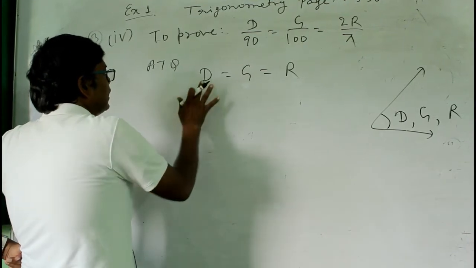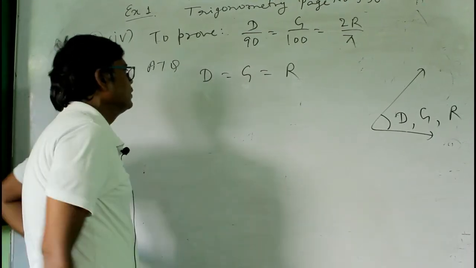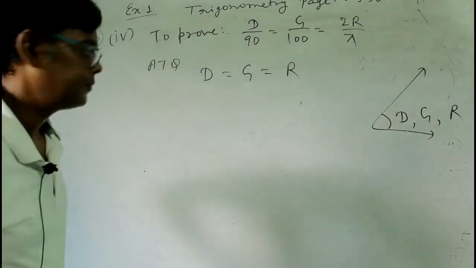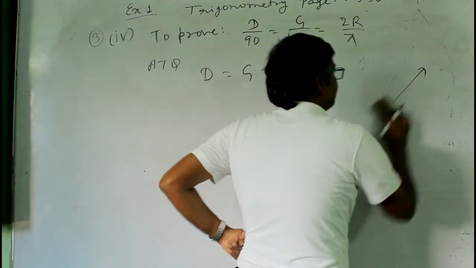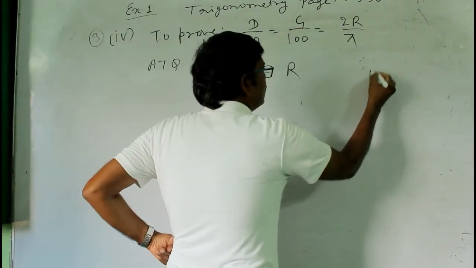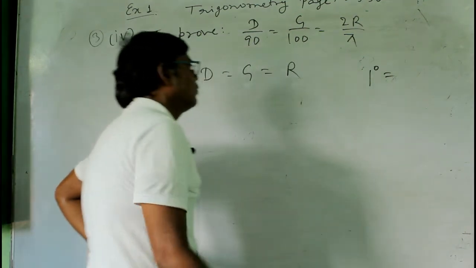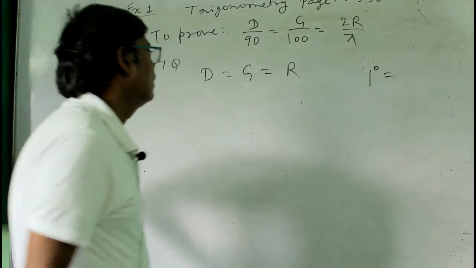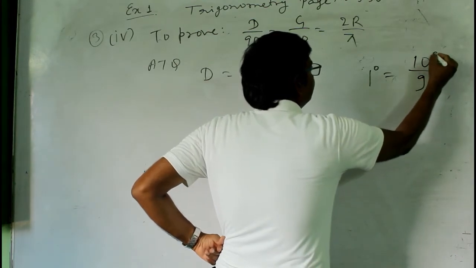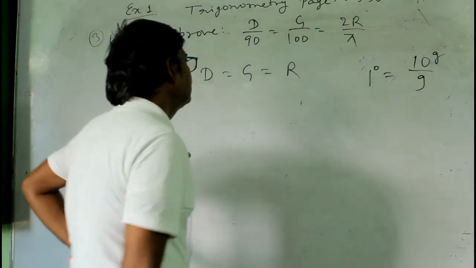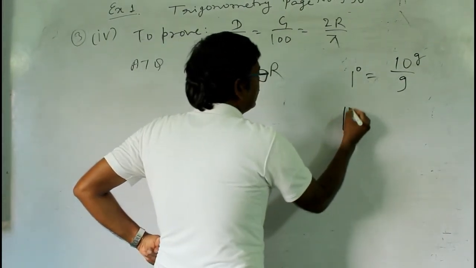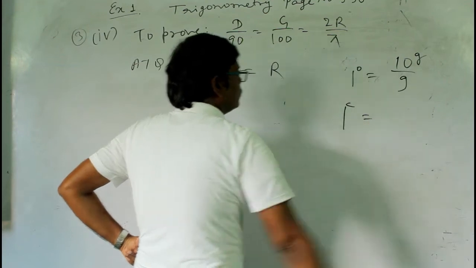So suppose here I am converting to grade. 1 degree equal to how much grade? 1 degree equal to 10 by 9 grade. And 1 radian equal to how much grade?